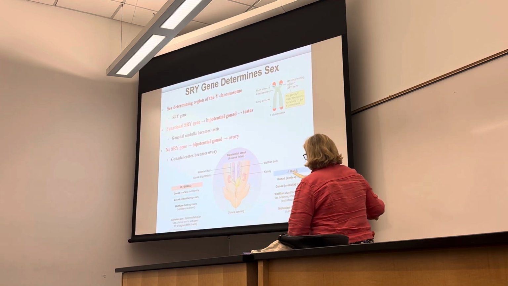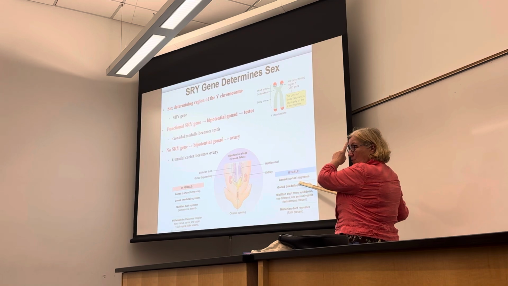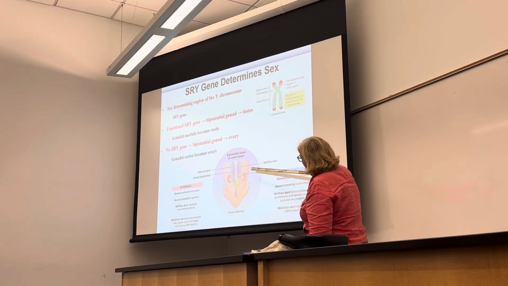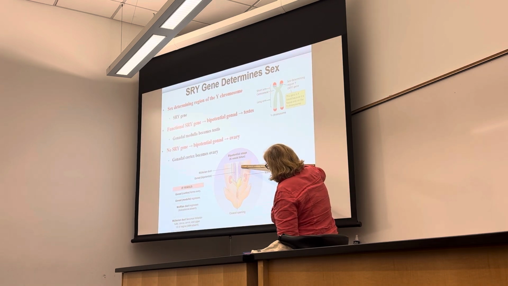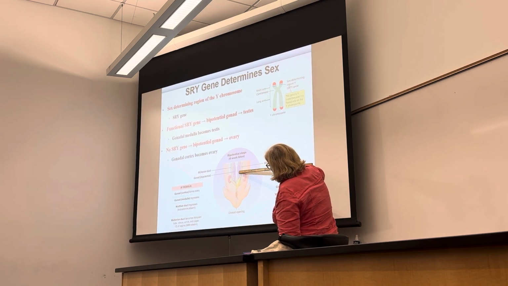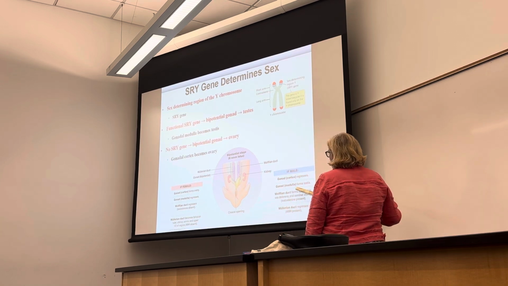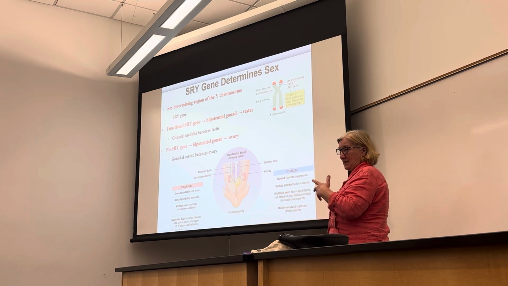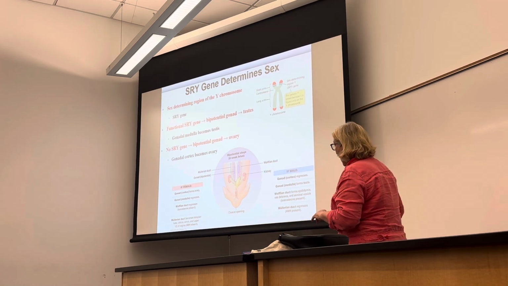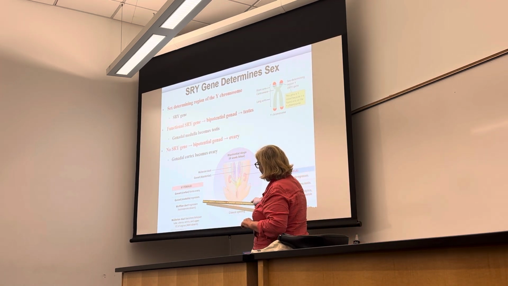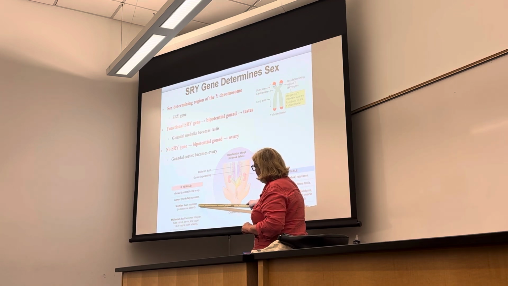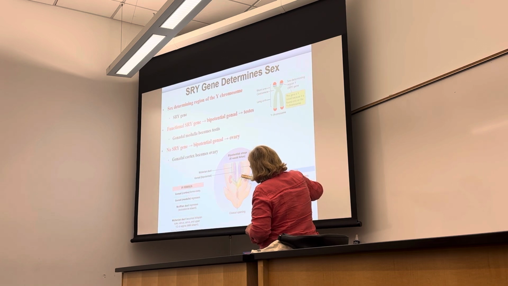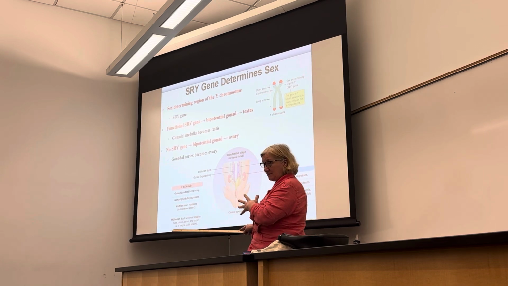But if male, meaning has the SRY gene on the Y chromosome, because that's a prerequisite, the cortex, which is outside here, is going to regress, and the medulla will form the testis. So it's one or the other. And then, if no SRY gene, the Wolffian duct, this yellow guy, will regress.